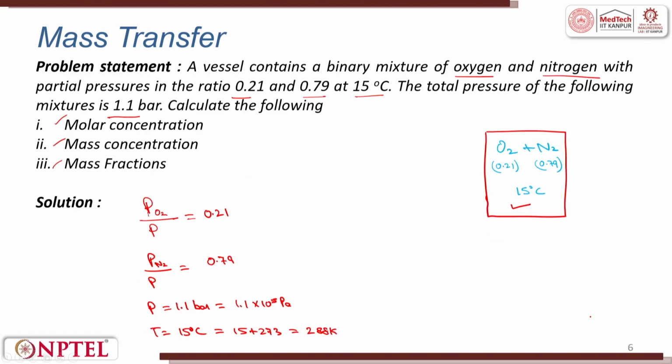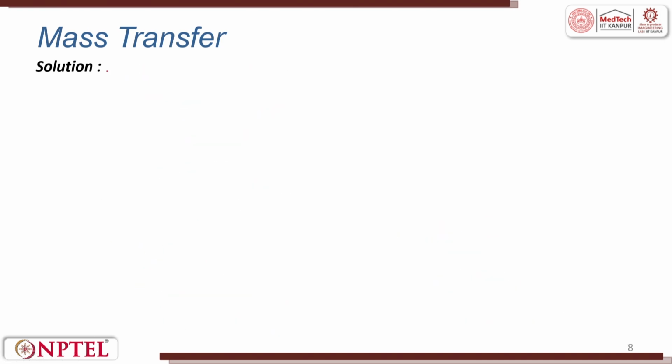Second part is to find mass concentration. Third part is mass fractions. Now to find mass concentration, that is rho for oxygen, that is C for oxygen times the mass for oxygen, where this capital M is molar mass.